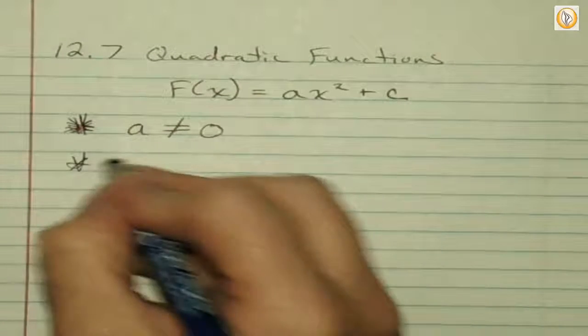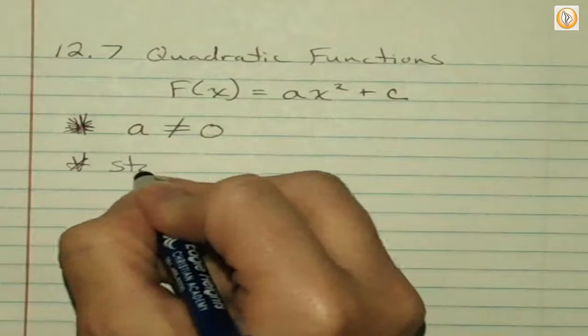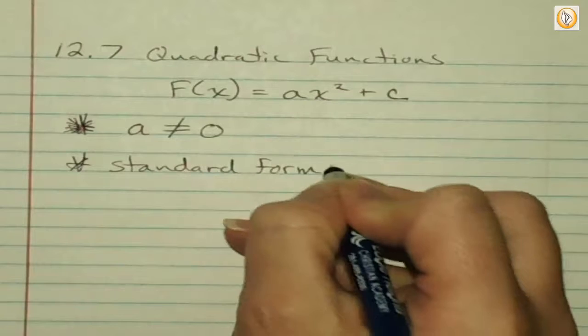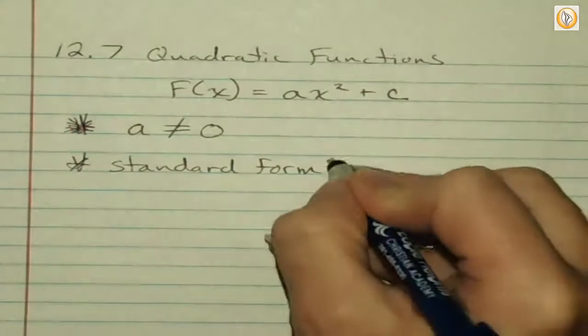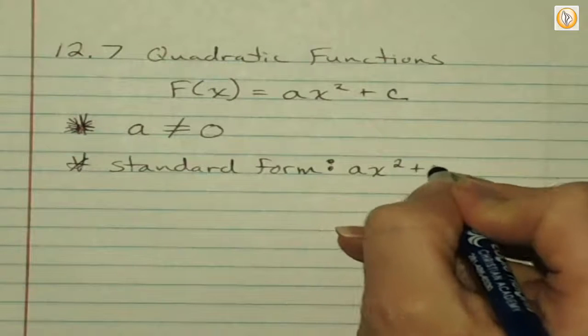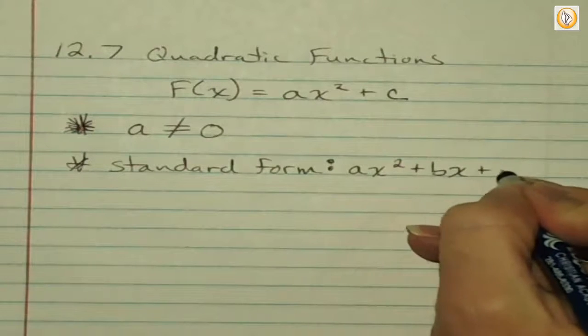You need to have it in standard form. Once I start showing you stuff, you're going to get what I'm talking about. These are just some rules you need to know first. You need to write this down.